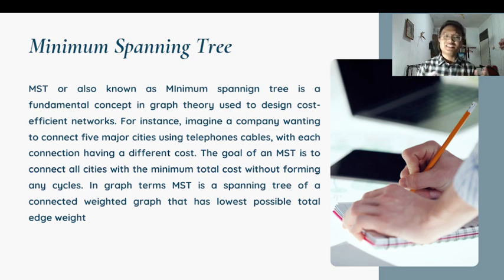The goal here, the MST, is to connect all the cities with minimum total cost without forming any cycles. In graph terms, MST is a spanning tree of a connected weighted graph that has the lowest possible total edge weight.